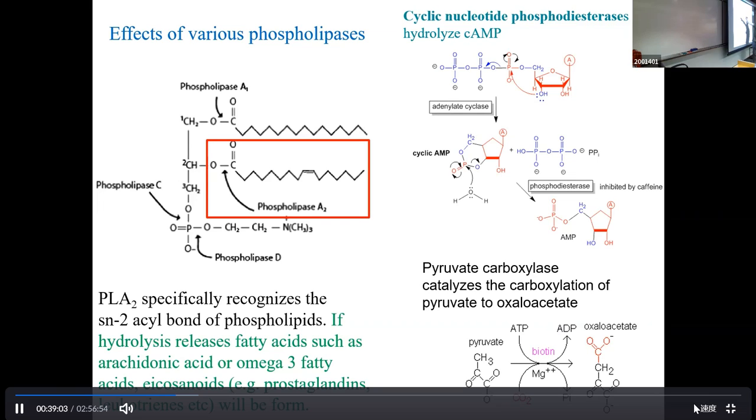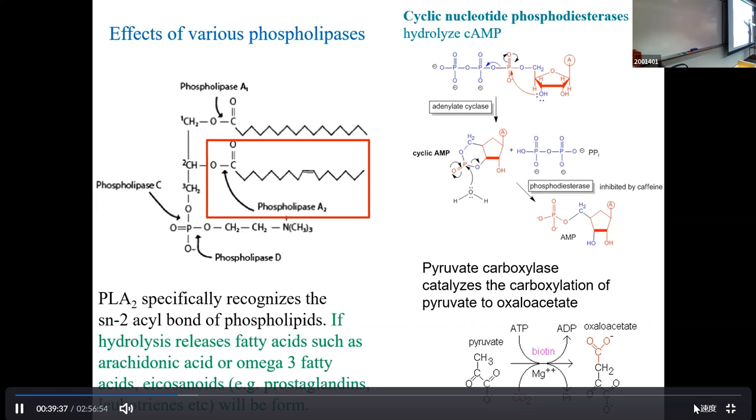But in general, it is carbon 2 that is esterified with an unsaturated fatty acid. You can see here a saturated fat, here also, and this one is attached with the phosphate anyway. Usually, it is an unsaturated fatty acid that is esterified to the middle carbon, SN2.